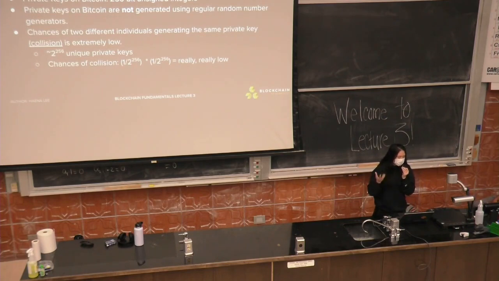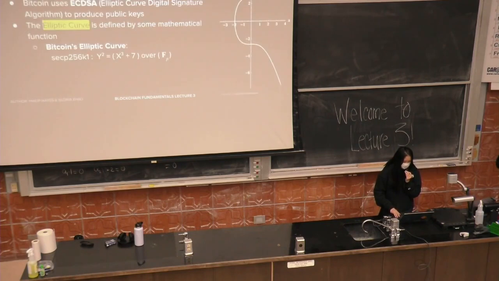So there are some external libraries that will give you true random numbers, and you can also use a seed phrase, which is basically a bunch of random words together. The chances of two individuals generating the same private key is extremely low since it's 256 bits, so there are around 2 to the power of 256 unique private keys.